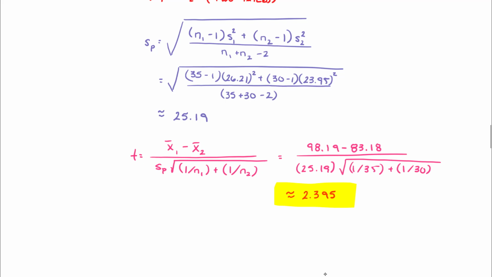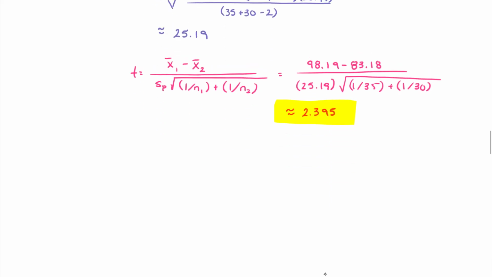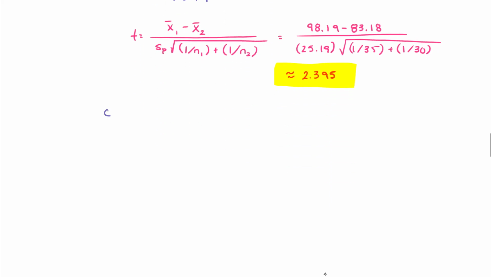We also are going to apply the critical value and the p-value approach. So the first thing we'll look at is the critical value. And to do this, we first have to also find the degrees of freedom. Remember, the degrees of freedom for two populations is going to be the sum of the sample sizes minus 2. So it's 35 plus 30 minus 2, which will be 63. So we have degrees of freedom is equal to 63. We know that alpha is 0.05 because we're looking at a 95% confidence level.